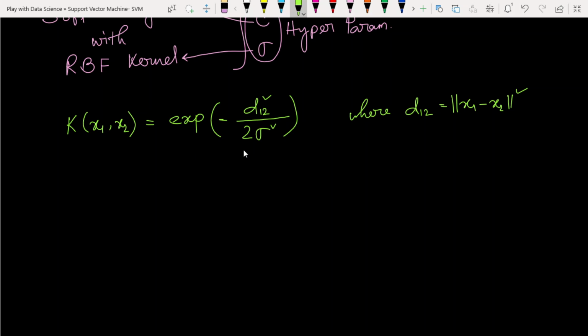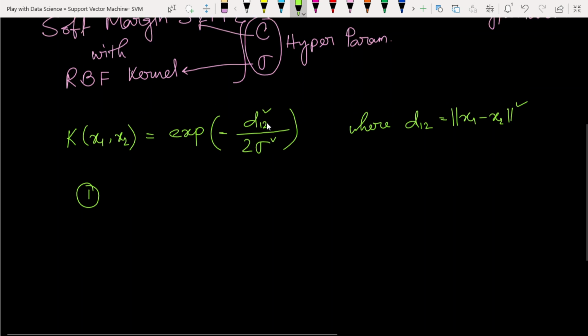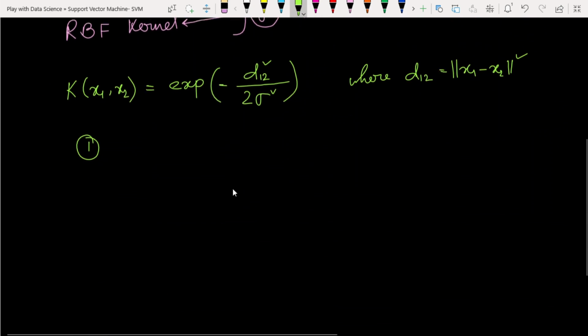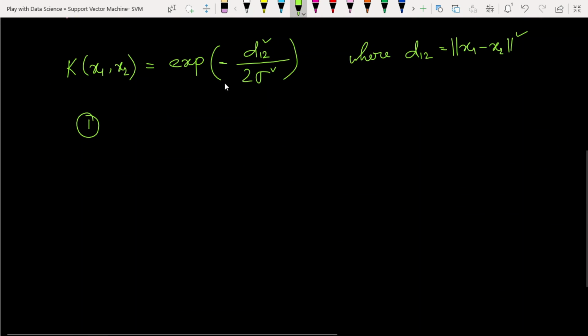Let's analyze one thing first. This is nothing but the simple distance, so instead of repeating it, I use the word distance for d12. If we increase the distance between the two vectors x1 and x2, then you see the kernel value decreases.